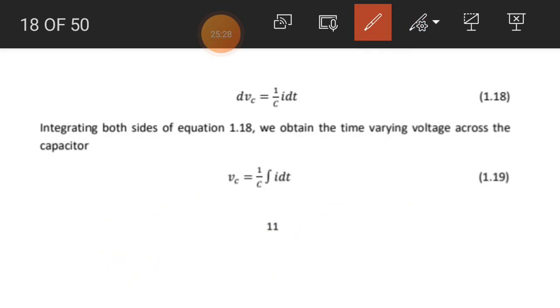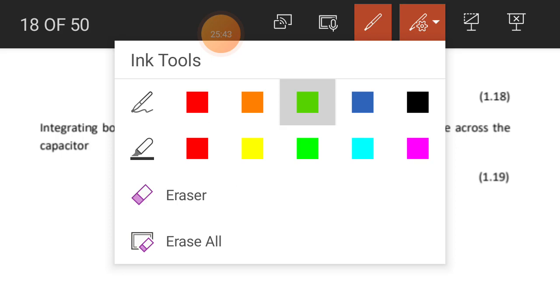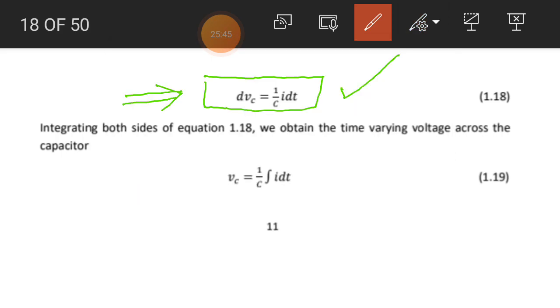So anyhow, this is how we calculate the differential voltage across this passive circuit element. We are not interested in the differential voltage. We are interested in the total voltage. So if I want to find out the total voltage across the capacitor, I need to integrate equation number 18, and the integration of equation number 18 will give you the total voltage across the capacitor.